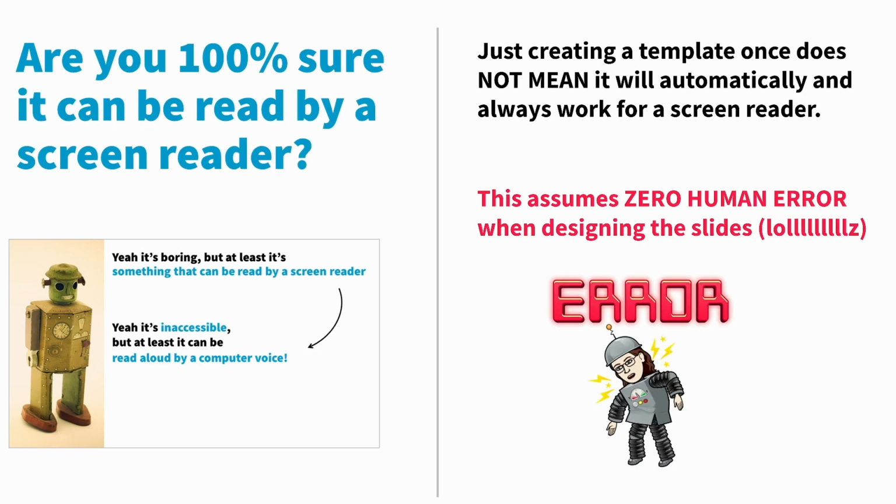Plus, every time you add an image or an object, the presenter has to go in and specify the alt text or whether it's decoration. The template doesn't know that. So no human error, that's just not how things work.